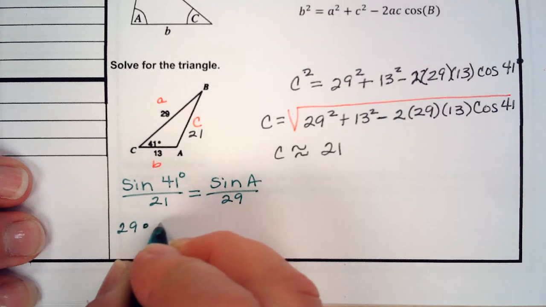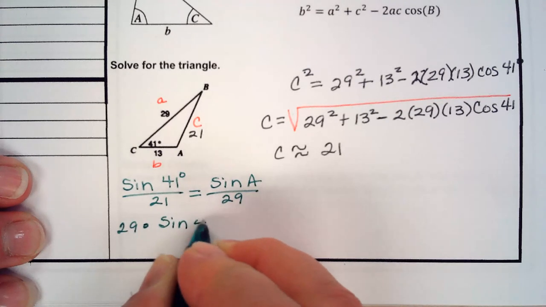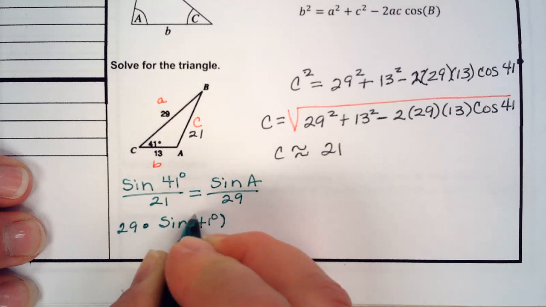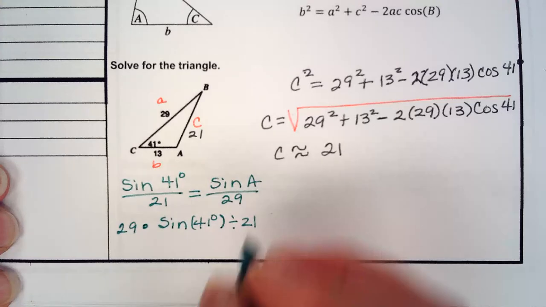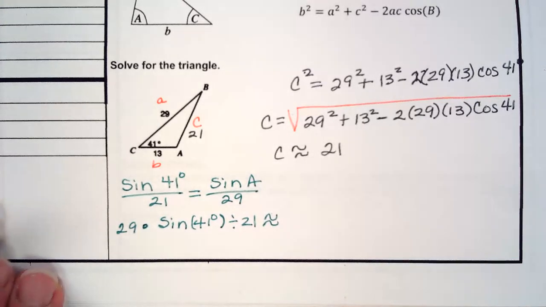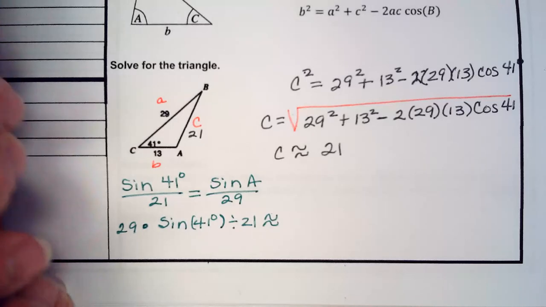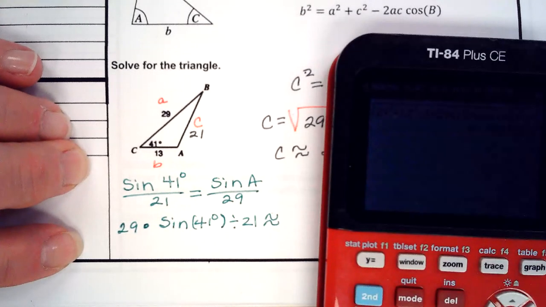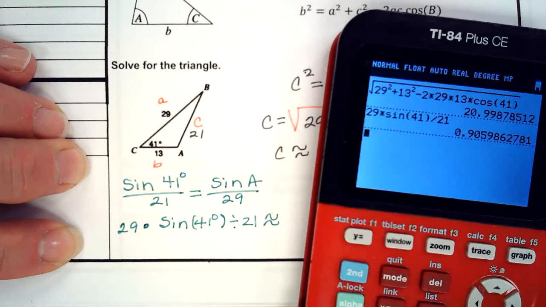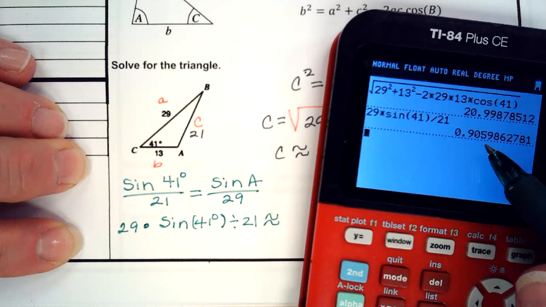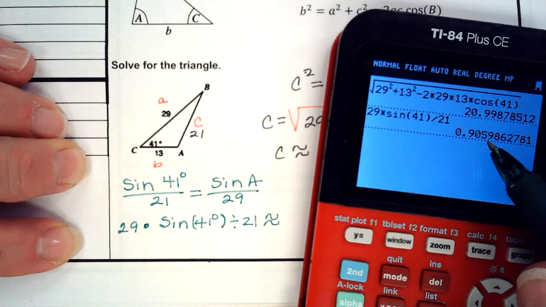Do that cross multiplication. 29 times the sine of 41 degrees, close it off, divided by 21. Remember, we're going to get that decimal. Go out to where you've got 4 decimals.